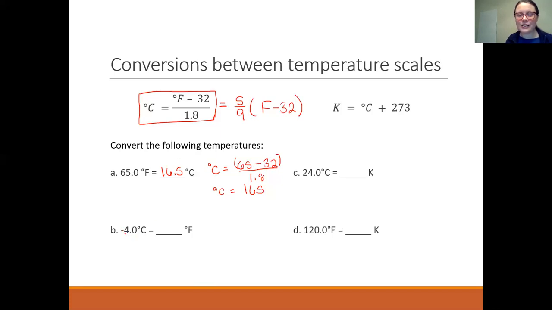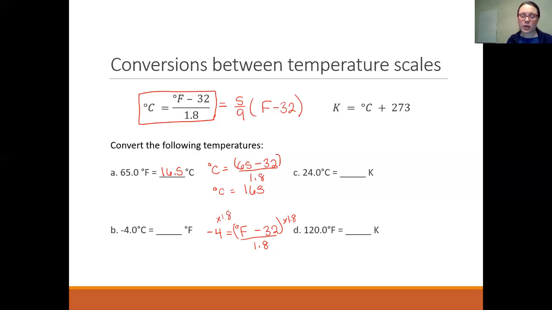For B, -4 degrees Celsius is equal to how many degrees Fahrenheit? Well, in this case, we're going to put the -4 where our Celsius was. So -4 is equal to, we'll keep our Fahrenheit alone, so degrees Fahrenheit minus 32 divided by 1.8. Now, this is where sometimes people will make mistakes when they're doing some rearranging. So what we need to do, we'll pretend there's brackets around that because they're implied. Multiply both sides by 1.8.